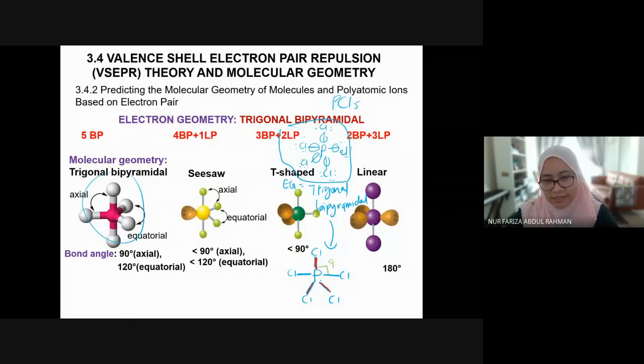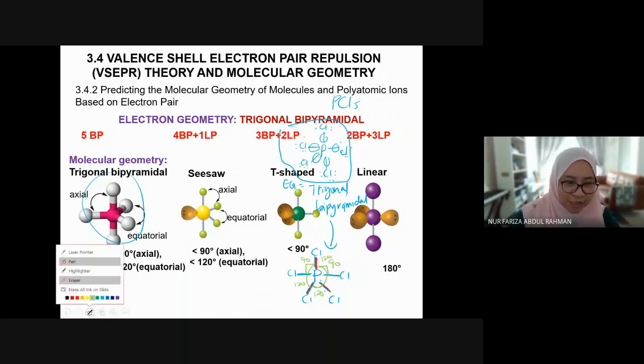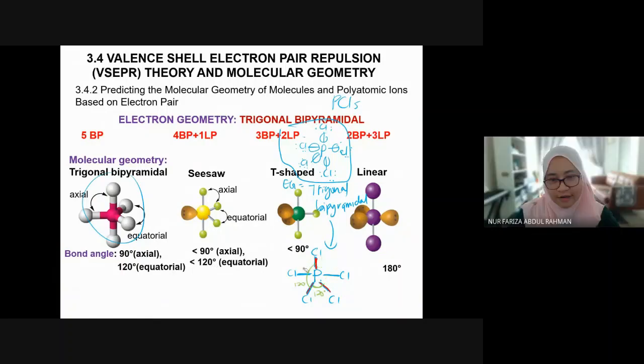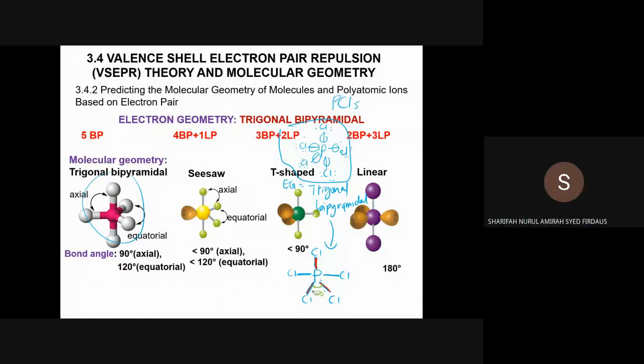So this one is 90, guys. Same goes to this one, this is also 90. Between equatorial and equatorial, this is 120. This is also 120. So this is also 120. Okay, faham ke tak faham? Tolong respon sikit, faham ke? Faham. Very good. Kena faham, next week dah quiz.